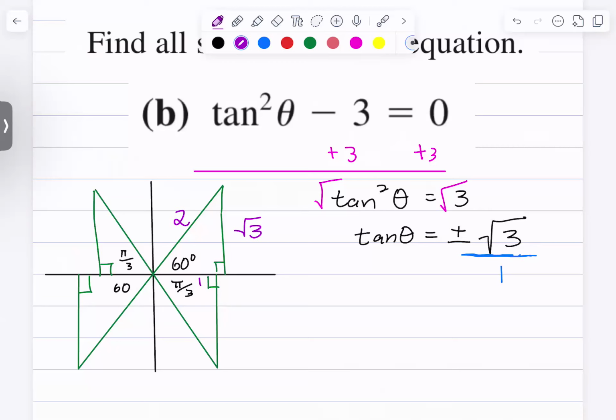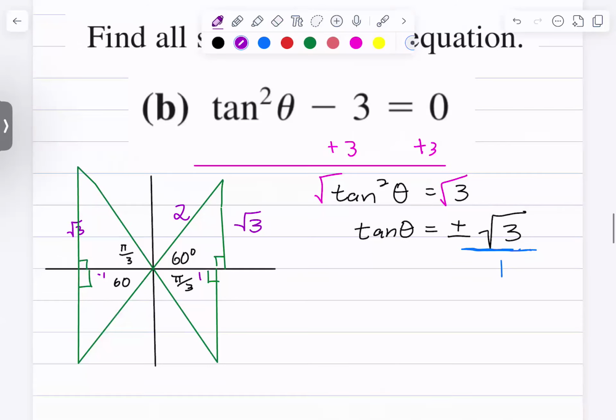Again, this is square root of 3, this is 1, negative 1, square root of 3, negative square root of 3, negative. These are all 2s. So I want to showcase that we do have a 30, 60, 90 triangle.